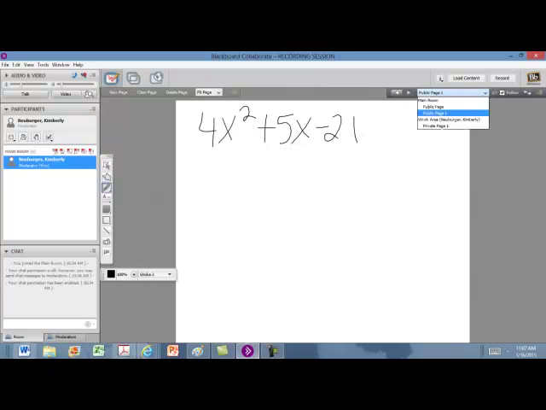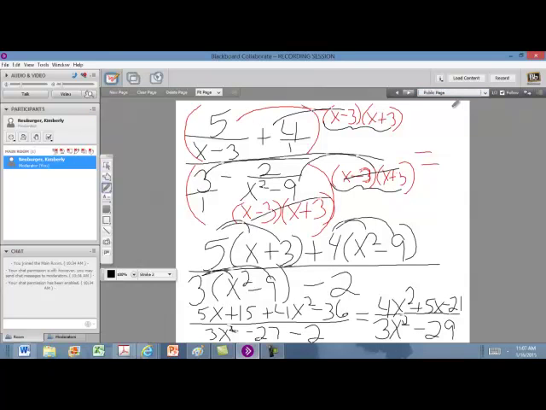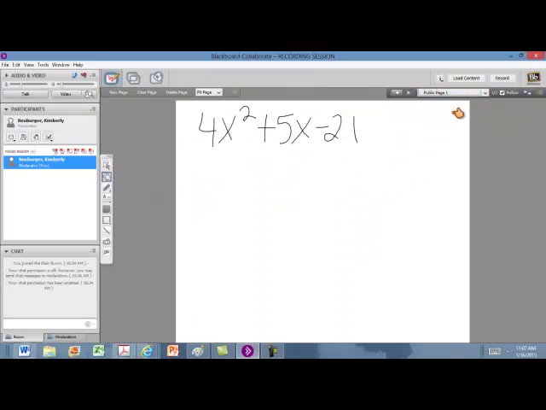So if we go back to the other page, you'll see that this is the same thing we're going to factor on the next page. So on this, normally when we factor these, if nothing's in common, you can do guess and check. But if you do the AC method, which is the A times C, or 4 times negative 21, 4 times negative 21 is negative 84.